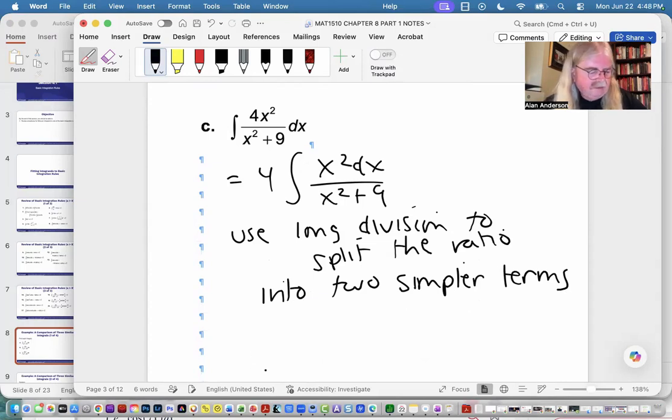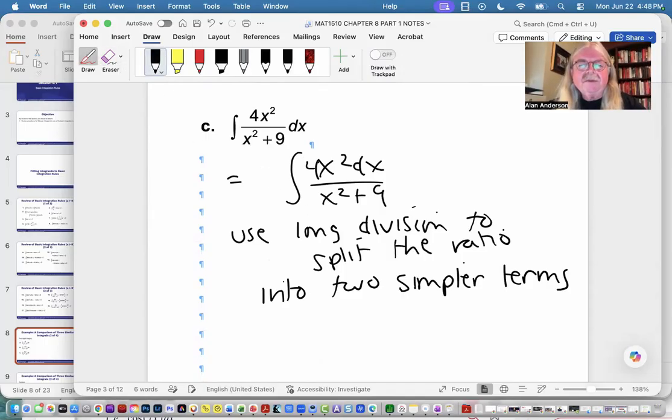All right. So what does that involve? Well, actually, looks like they mean for us to leave the four on the inside here. I'm not sure if it really matters, but let's just put the four back.